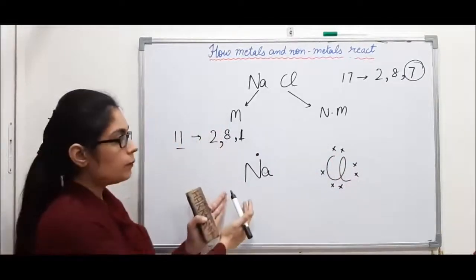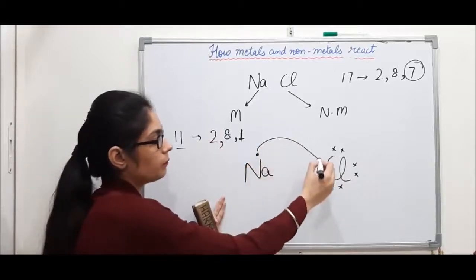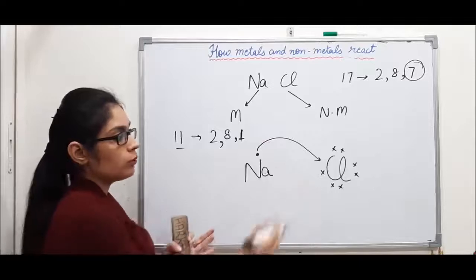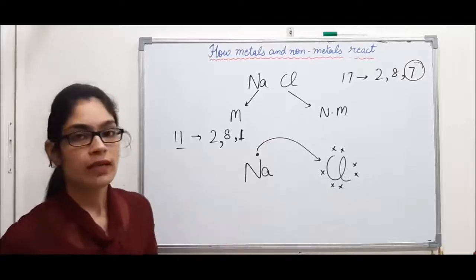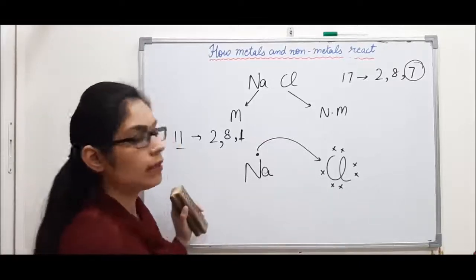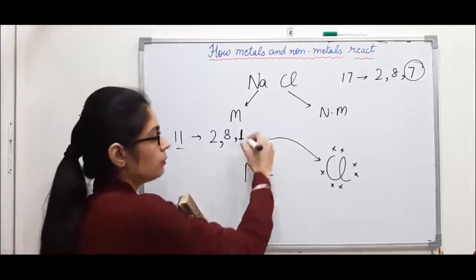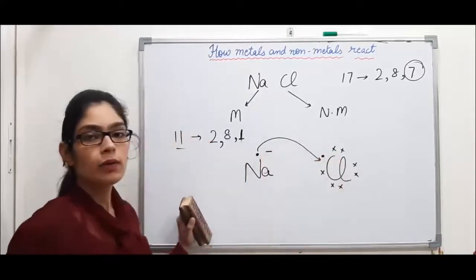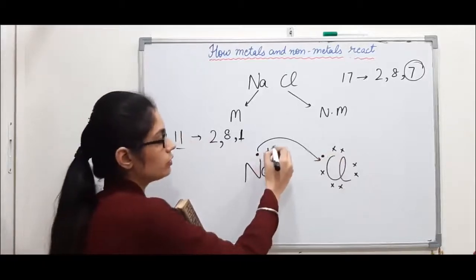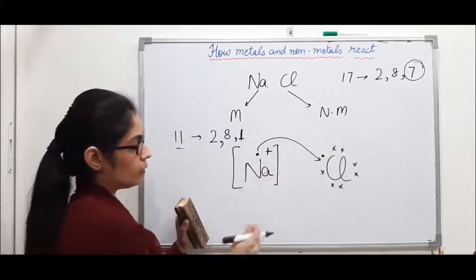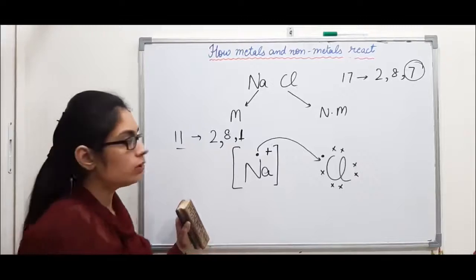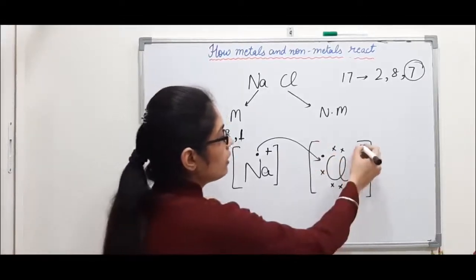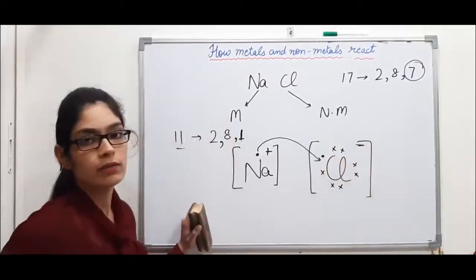Sodium has to lose, whereas chlorine has to gain 1 electron in order to attain noble gas configuration. So sodium will lose its electron, and after losing it will acquire positive charge, and chlorine, after gaining electron, will acquire negative charge.